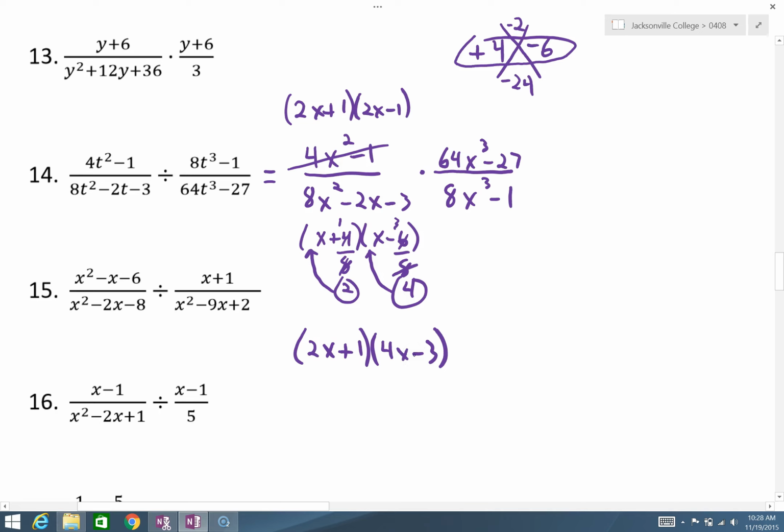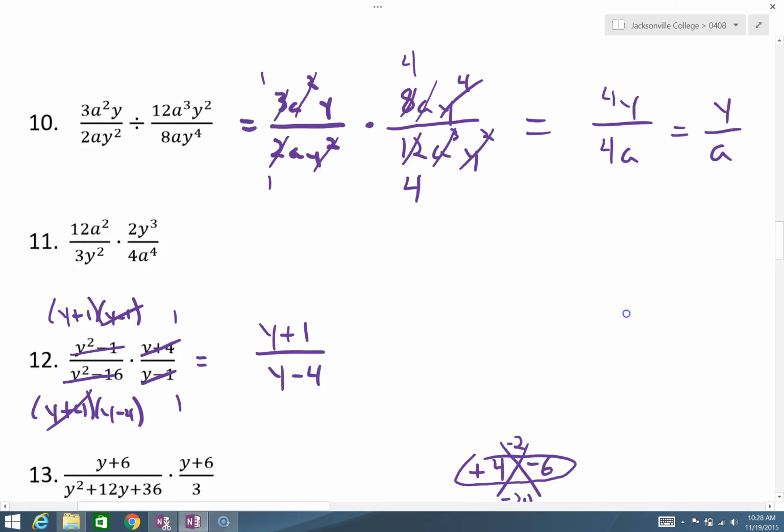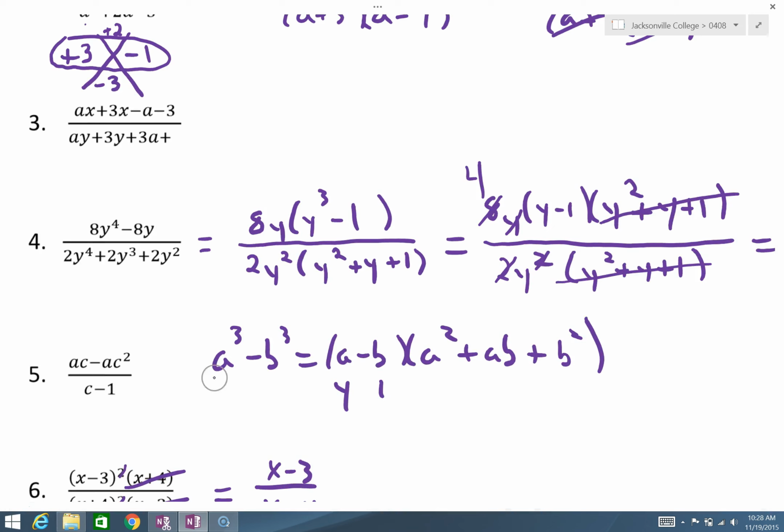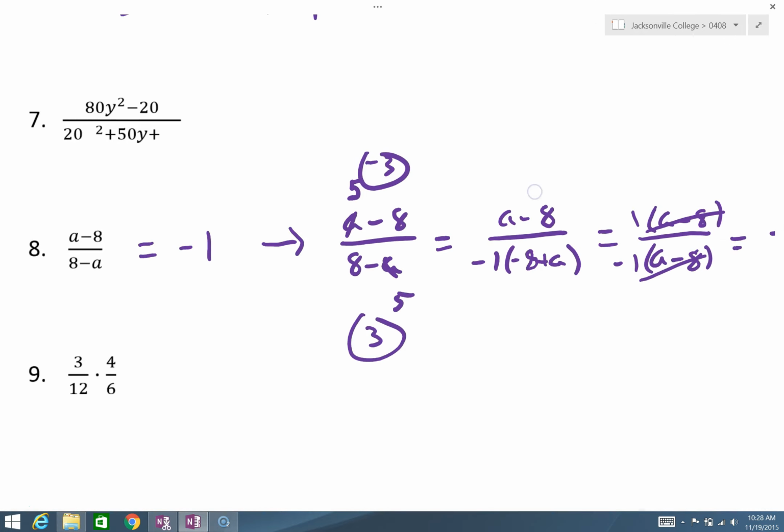Well, now these are both a difference of cubes. All right, so here we go. I'm going to take this one over here. a is the cube root of that one, which is 2x. b is the cube root of that one, which is 1. So now we need that form that we had earlier: a cubed minus b cubed is a minus b, a squared plus ab plus b squared. Just going to fill in our blanks.